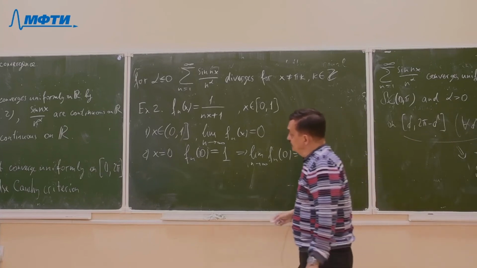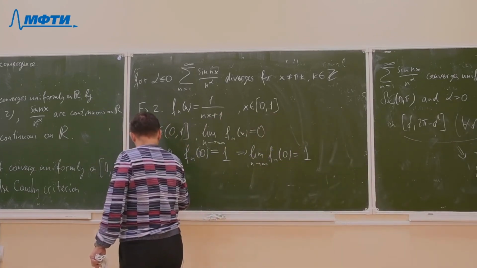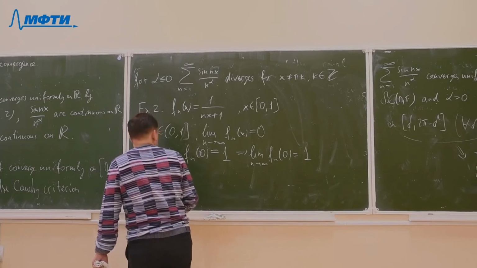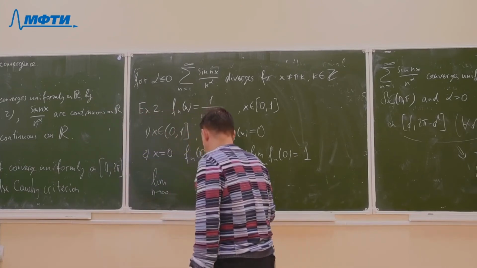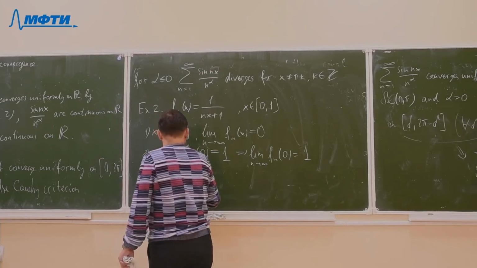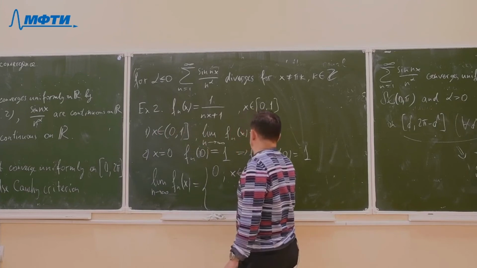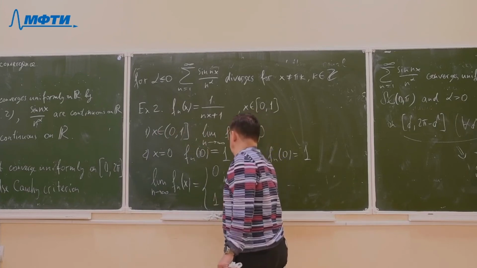So, it means that we have the following result: 0 for x not equal to 0, and 1 for x equals 0.